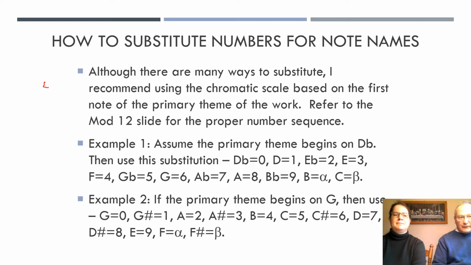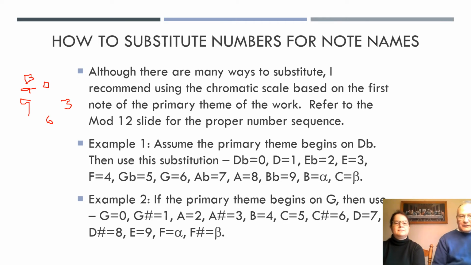You had 0 on top, going around to 6 on the bottom. Let's just put that down to recall basically. Then you had the alpha and the beta. Okay, so that's basically what it looks like.